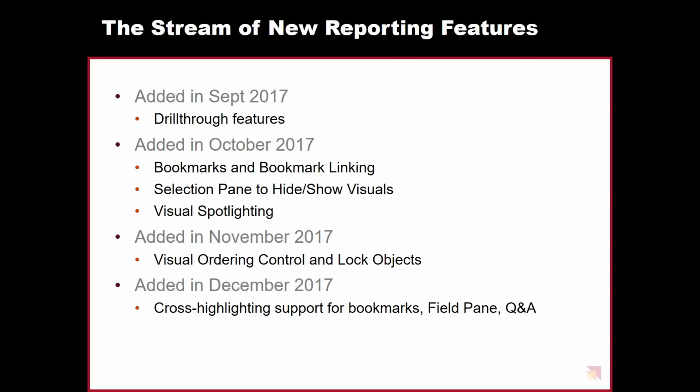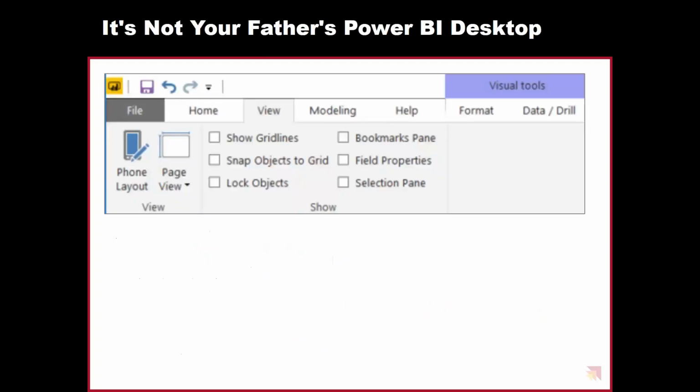We also got the field pane, and we got the Q&A support. We'll look at the field pane today. We're not going to look at the Q&A support that was added to Power BI Desktop. Very interesting feature, just not something we're going to talk about today. And then we just had an update earlier this month in January 2018, and we have the hide and show report page tabs feature, and we're going to integrate that in as we go through today.